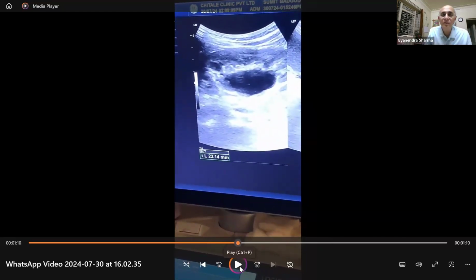A comment for the residents: sometimes it is asked how will you measure the AP diameter? It is measured in the axial image within the confines of the renal parenchyma. There is a study by Nguyen, I don't know how it is pronounced.